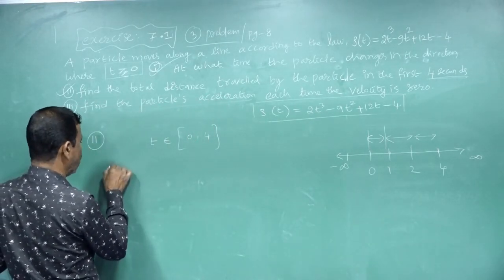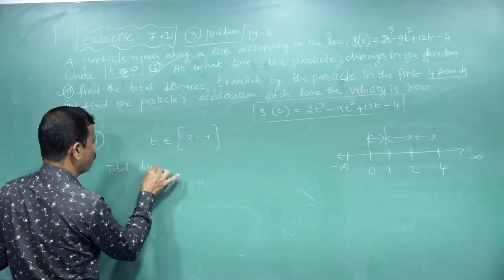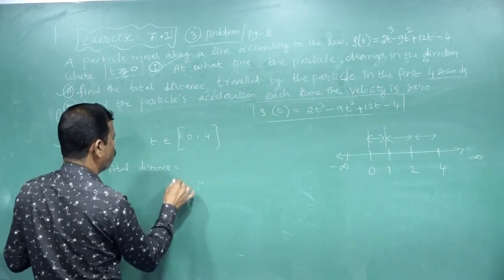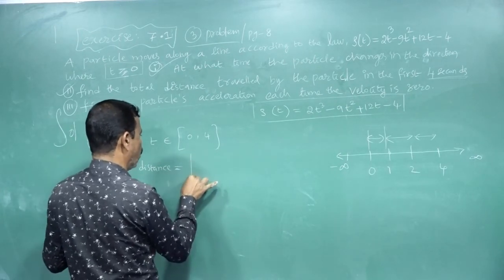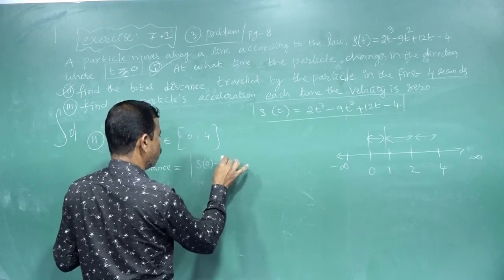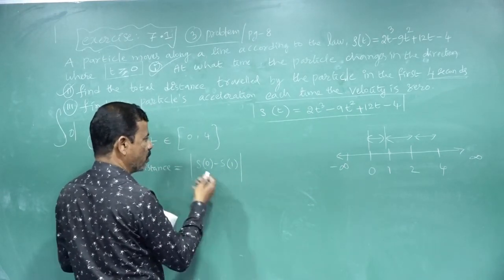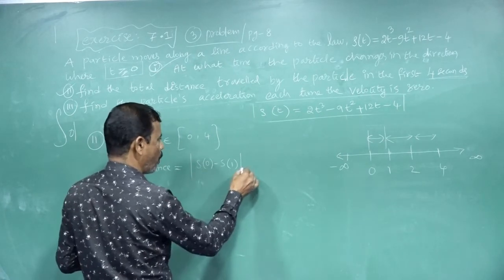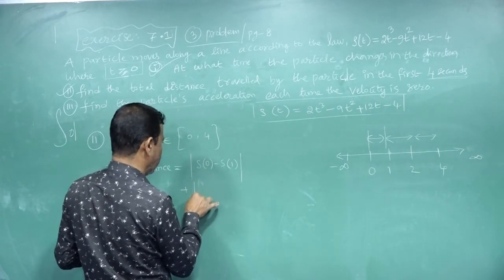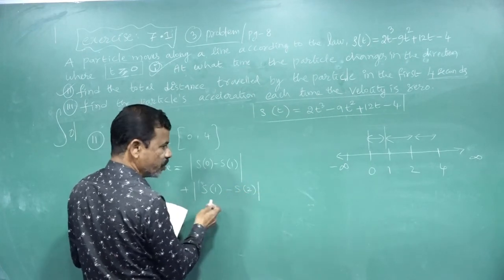Now, total distance is equal to modulus of S0 minus S1, so the 0 to 1 distance, distance is always positive, plus S of 1, S of 2, this distance.